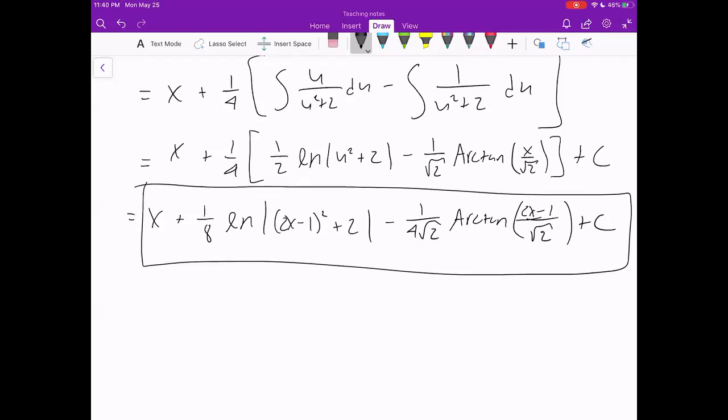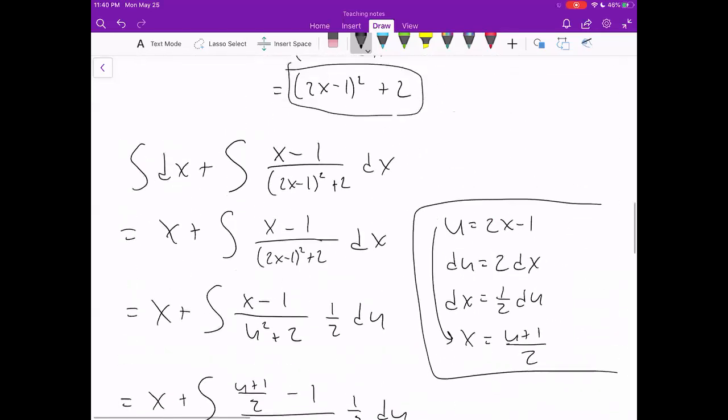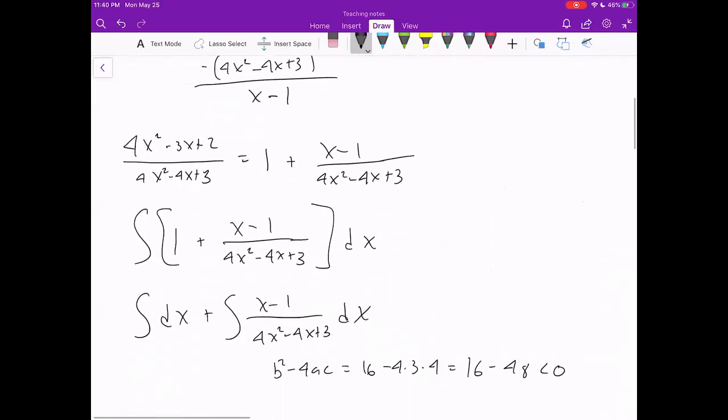Unfortunately, this is the path you're going to have to take every time you get an irreducible quadratic that looks like this. You will need to do this completing the square and u substitution every time. The good news is this is example 6 in the book.